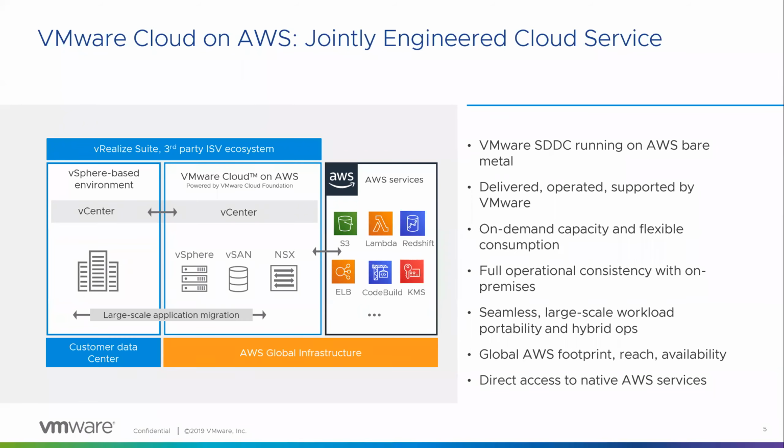That's the benefit. When you move to VMware Cloud on AWS, you get the full VMware Cloud Foundation stack, including vSAN and NSX. That gives you some unique features, which we'll touch on in just a minute.